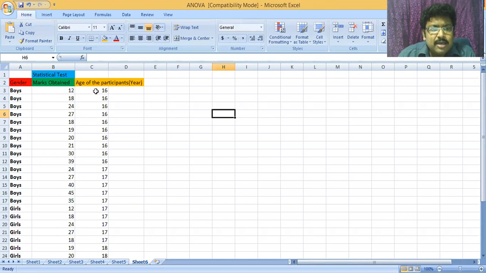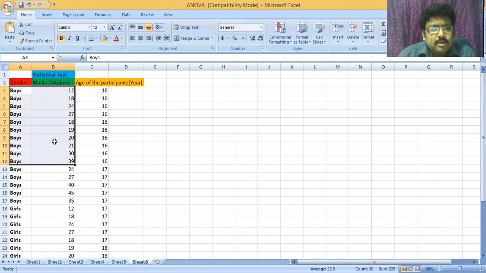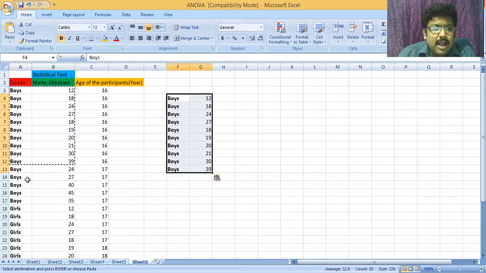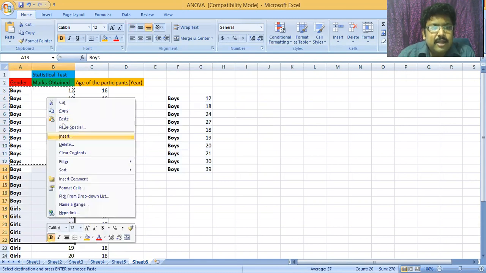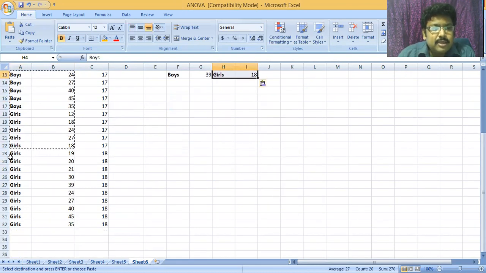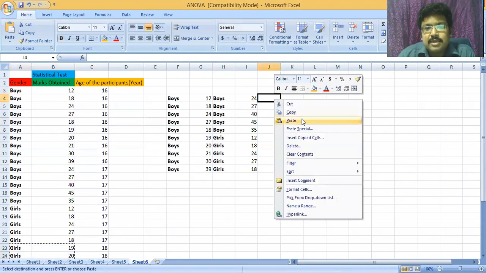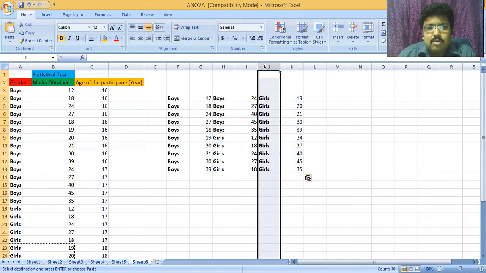Suppose there are ages, and I am dividing in this way: I am copying these 16-year-olds and pasting them here, and again copying the 17-year-olds and pasting, and again copying the 18-year-old data, the marks obtained by the students. Now I am deleting this column.